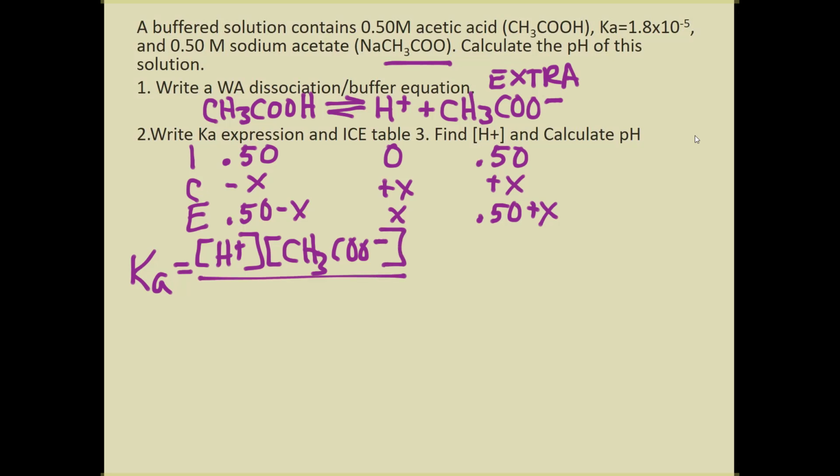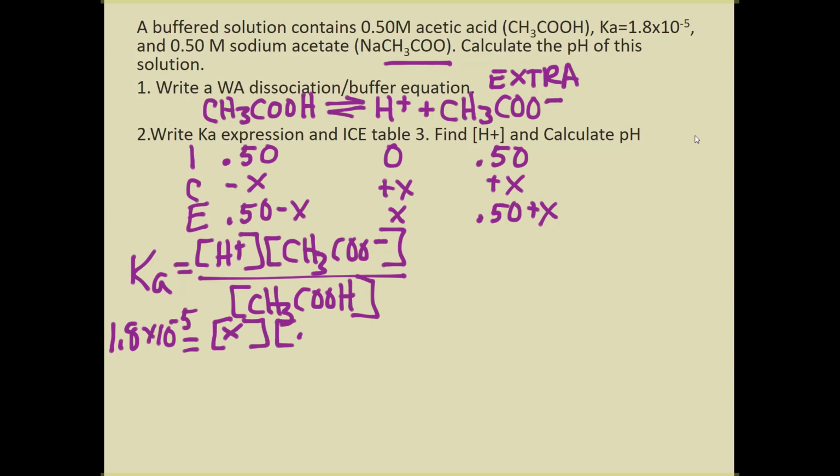Products on the top divided by reactants. So there's my weak acid, and then I'm going to plug in what I know. We do know the Ka because they gave it to us: 1.8 times 10 to the minus 5. My hydrogen ion concentration is going to be X, and this one's going to be 0.5 plus X.